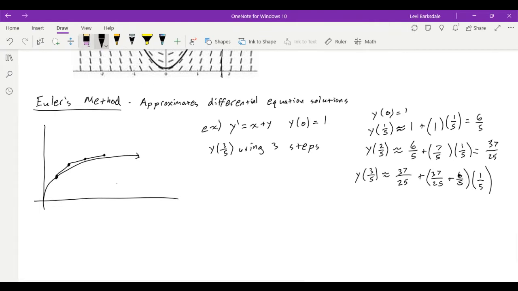Oh come on, I'm trying to select the eraser. There we go. Again, our slope should be our x value plus our y value. No, I just want to select the pin. Let's see, why is this glitching on me?